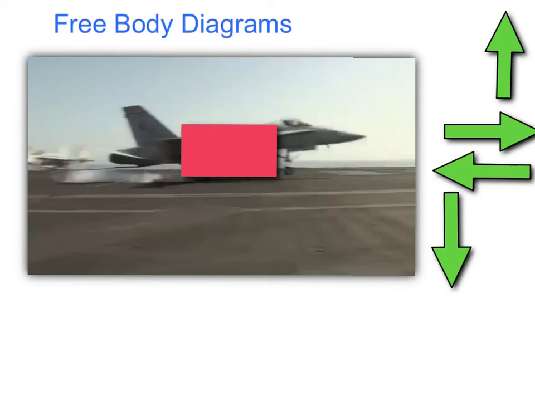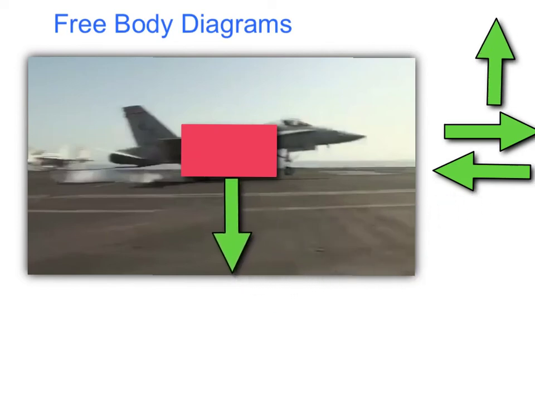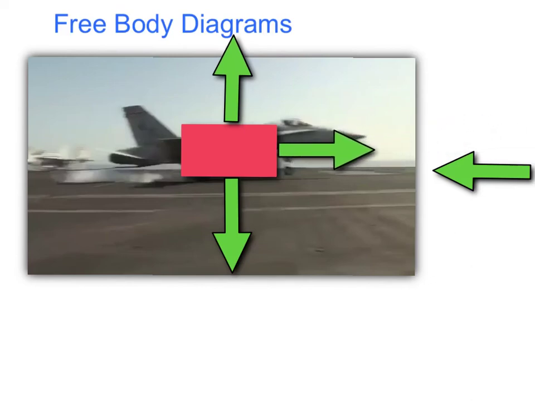Okay. Hope you got it correctly. We got gravity. We got surface. We got this arrow that we're going to discuss what it is.